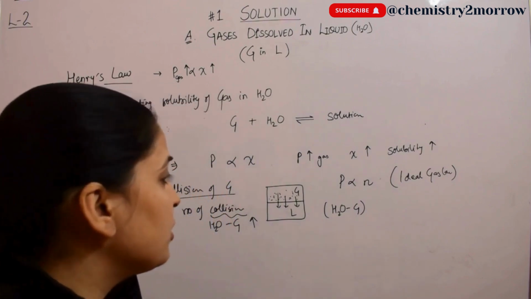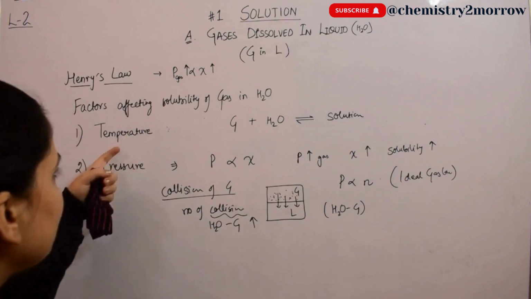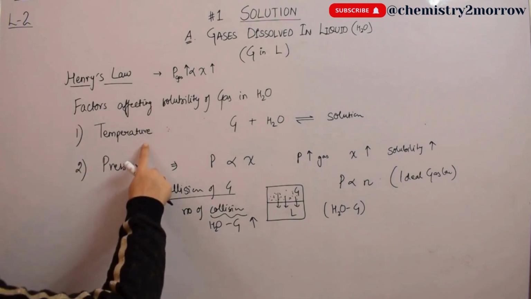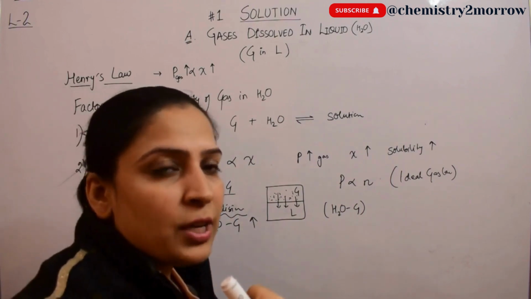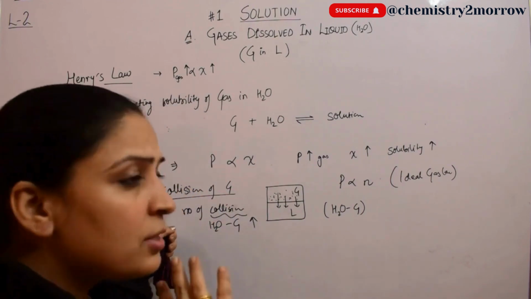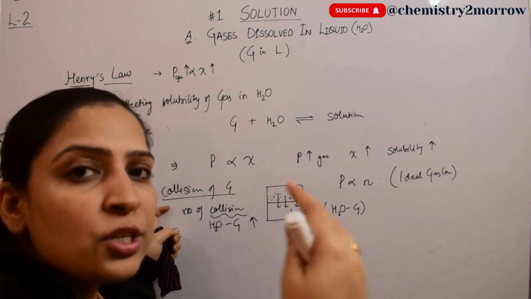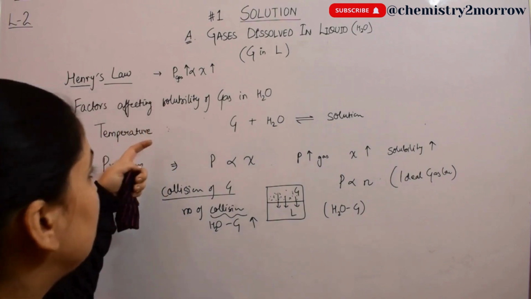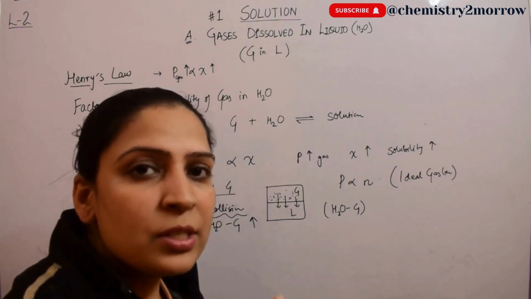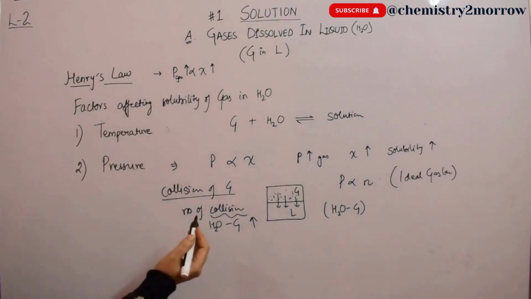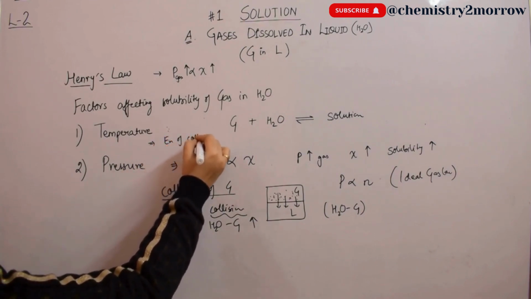When there are more chances of formation of such interaction, the solubility will also increase. So both have been explained through collisions. Here the collisions are of high energy, which are causing the removal of gas. Here the collisions are not of high energy, it is the same energy because temperature is fixed. It is only the number of collisions that has increased. Here the temperature or the energy of collisions has increased. So here the number of collisions, here the energy of collision.